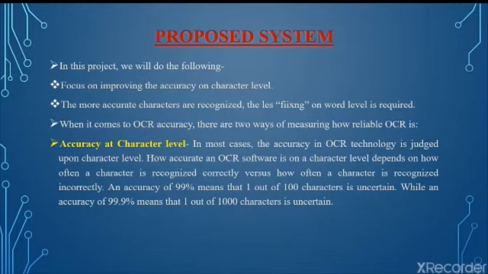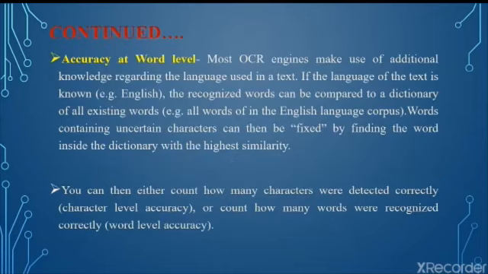Accuracy at character level is judged by how accurate an OCR software is on a character level, that is, how often a character is recognized correctly versus how often a character is recognized incorrectly. Whereas accuracy at word level is determined by fixing the word, that is, finding the word inside the dictionary with the highest similarity.